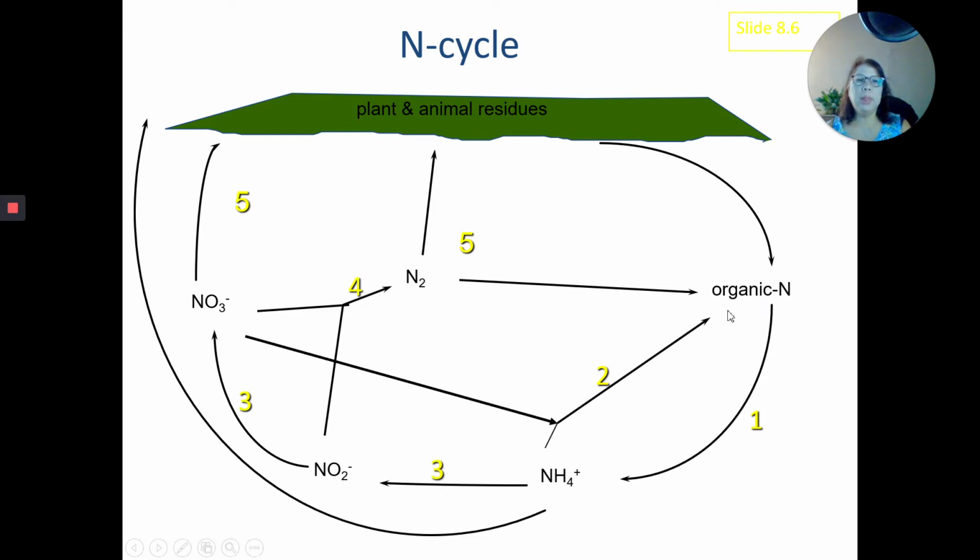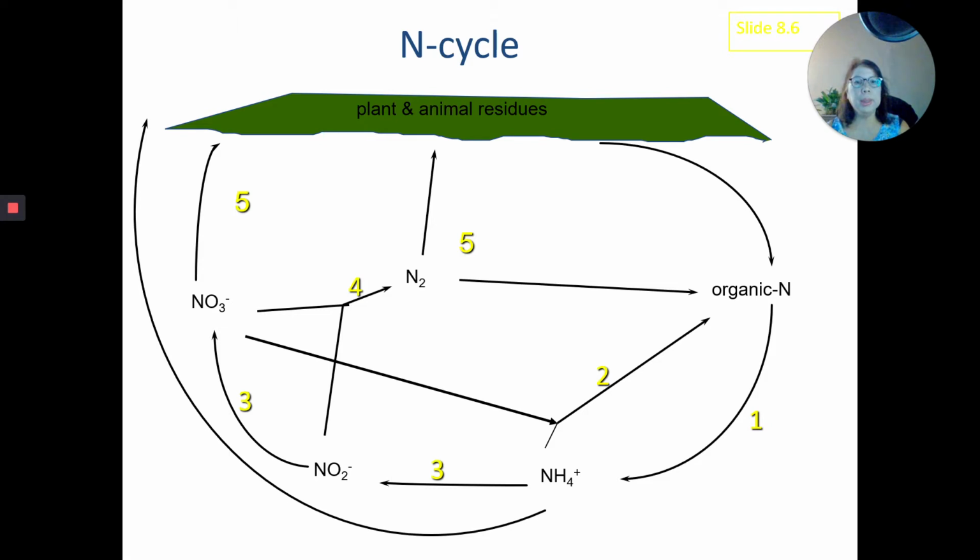And these organic compounds are contributory to the fertilization of the soil because of the nitrogen content. So the organic material, after decomposition, will give you the NH4. So the NH4 to NO2, NO2 to NO3, and then going back.